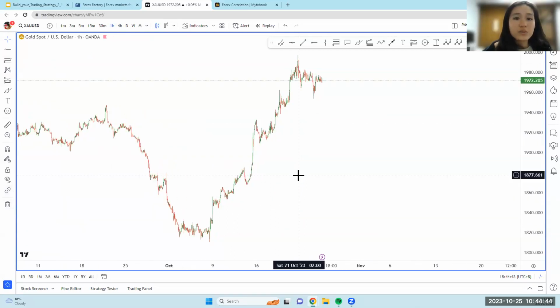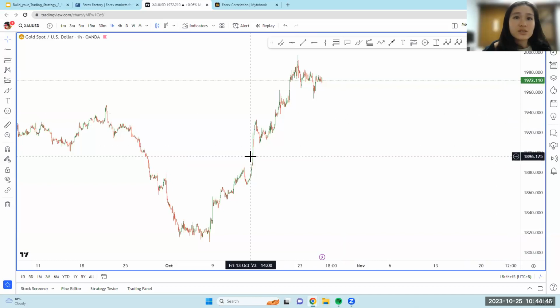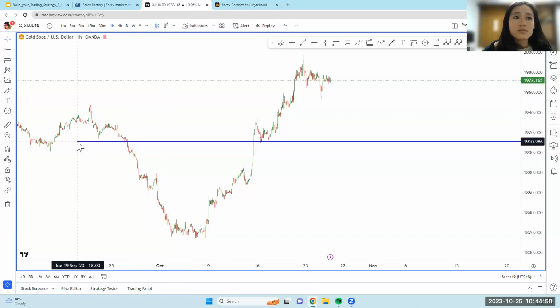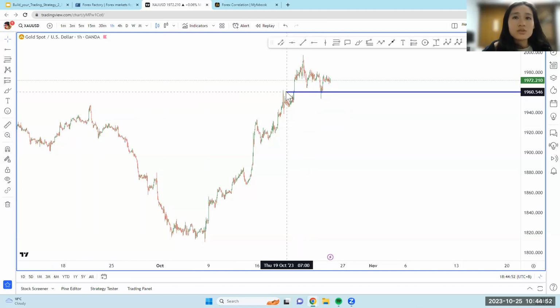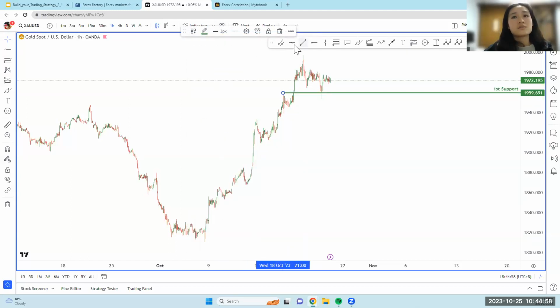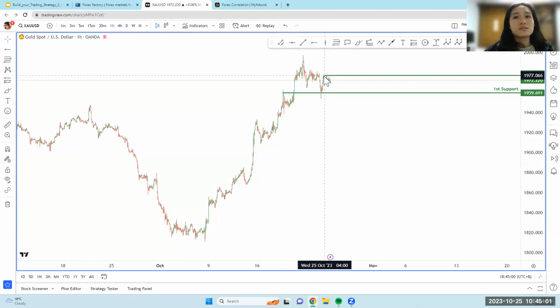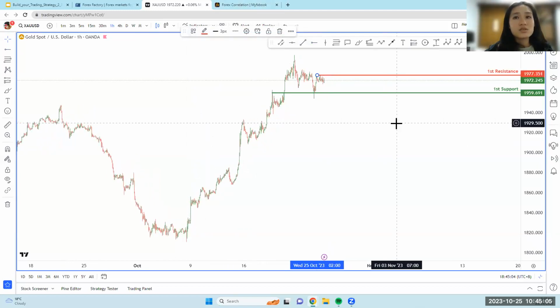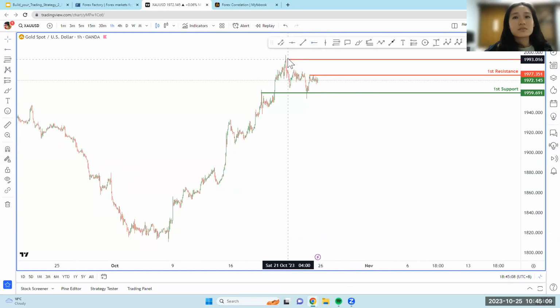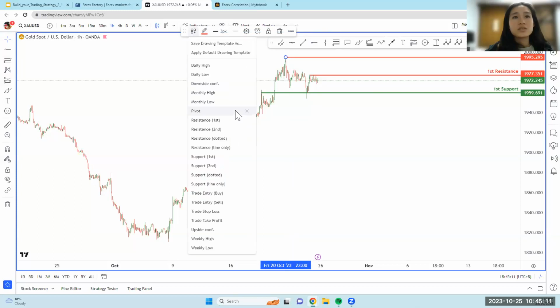This is where I'm going to go in and do our analysis. I'm just going to place my first support here, second support here. Oh, first resistance, second resistance here.